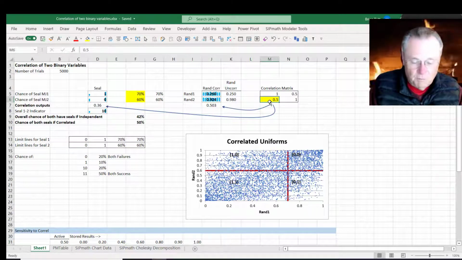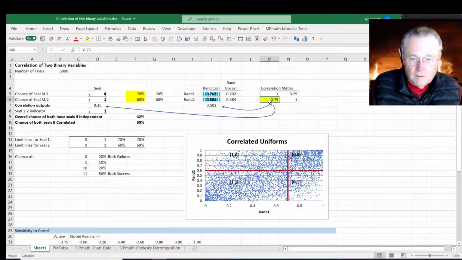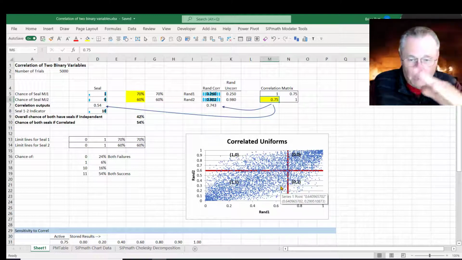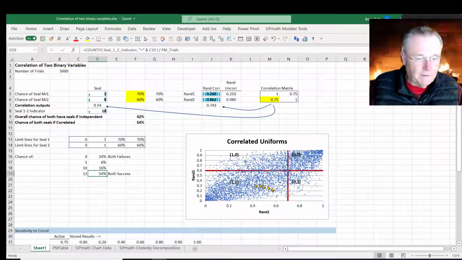So now let's move to 0.75. So they're a little bit more correlated. Let's look what happens to these dots. They get a little bit squashed, right? They get squashed. So now the chance of both seals, if correlated, is 54%. And we can see the 54 down here.